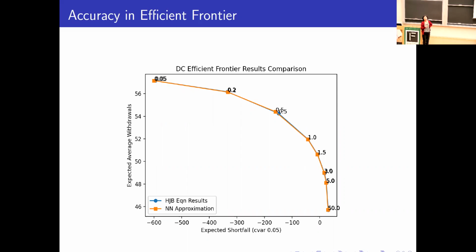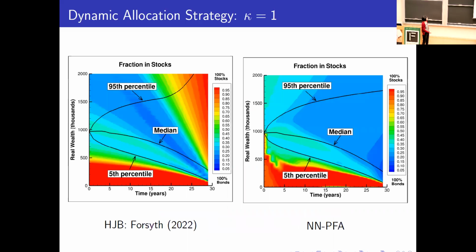In any case, it shows that it's capable of producing accurate results. So that's the efficient frontier showing, for different allocations and optimal decisions, how well it has matched the HJB equation.